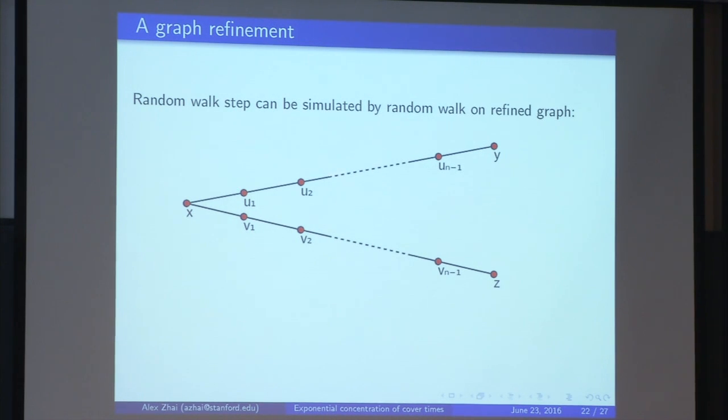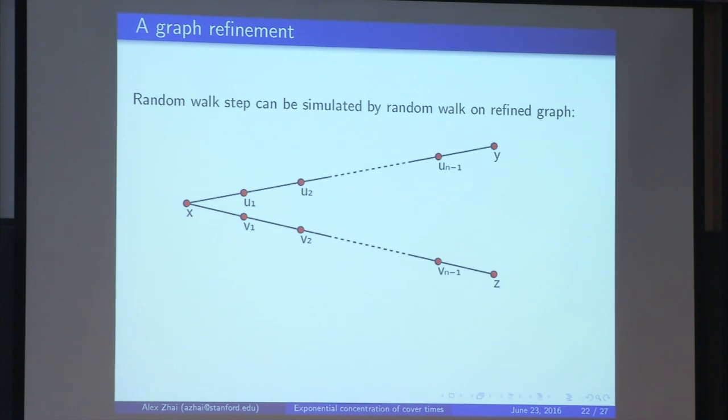Let's say I go to u1. Then I'm going to walk along this edge for a while until I either go back to x or I hit y. The chance of hitting y is basically 1 over n once I'm at u1. Otherwise, I'm just going to go back to x.